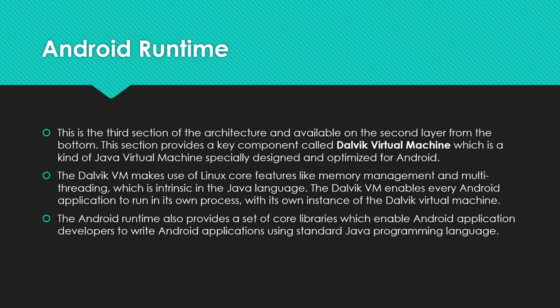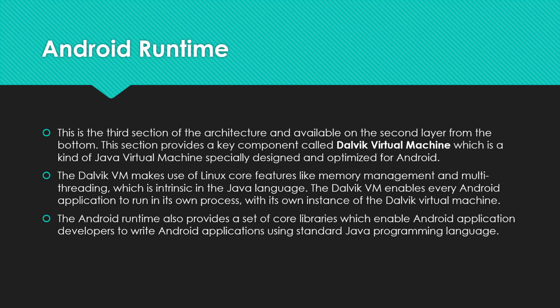Okay, so Dalvik virtual machine is a Linux-based library. It has the features of memory management, the same good features as the JVM, but in Android. And also, very important, Dalvik virtual machine enables every Android application to run its own process with its own instance of the Dalvik virtual machine.